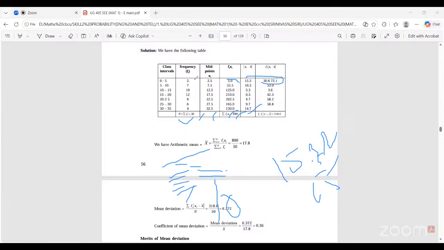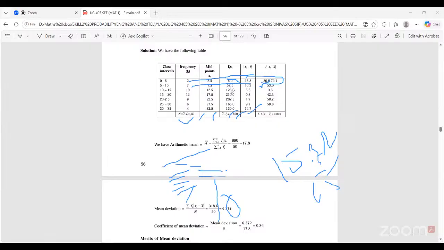f into modulus: 2 into 15.3 is 30.6, correct? Then 7 into 10.3 is 72.1.